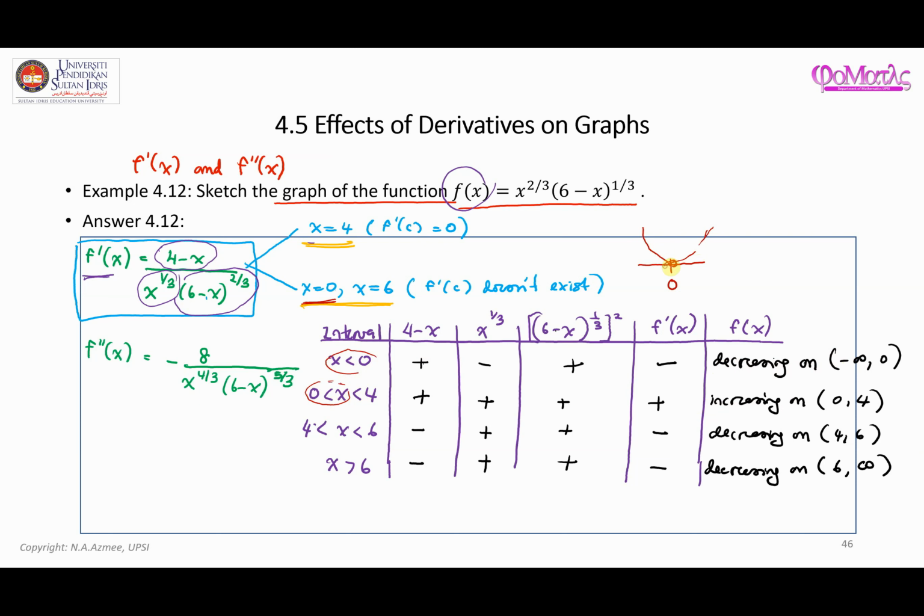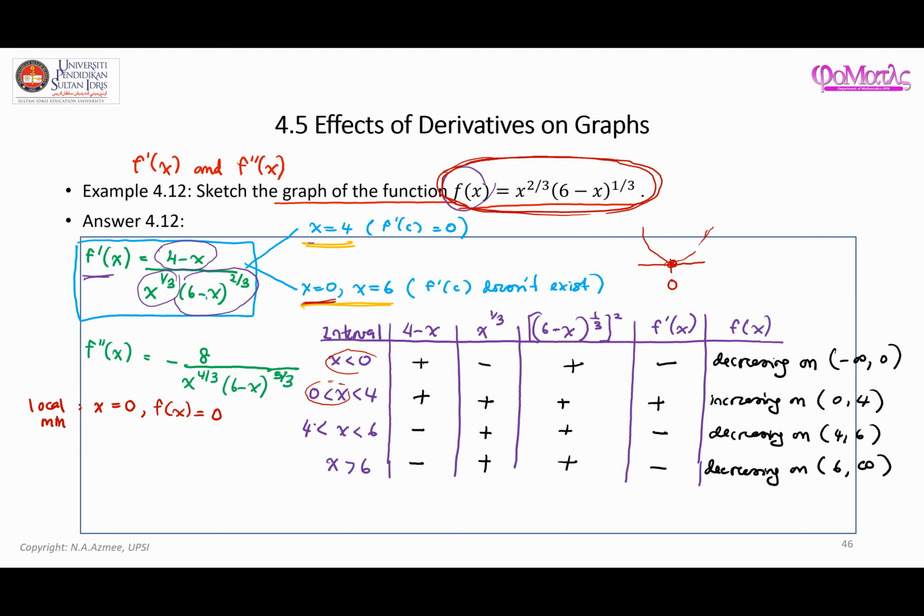So you can imagine there must be a point of local minimum. So we can say that the local minimum is x equals 0. And when x is equal to 0, you can find the value of fx. You just substitute x equals 0 in this function. Therefore, you can see that fx is going to be equal to 0 as well.